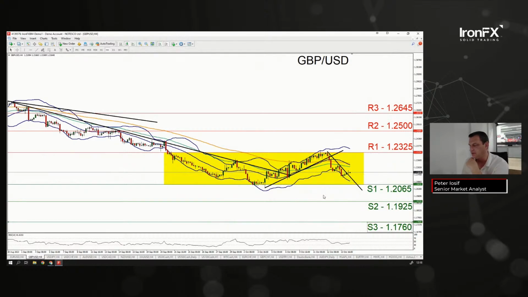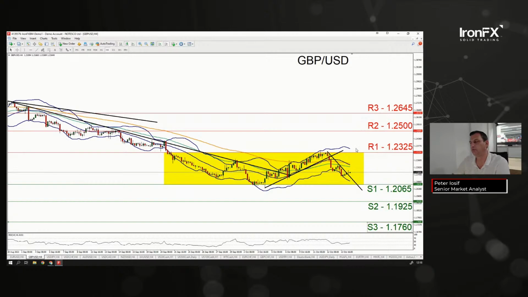And the second element is that I would require the pair to break the S1 1.2065 for any bearish outlook here. I would require a lower trough than this one. So for the time being, a bearish outlook is not in our plans. For a bullish outlook, I would require a higher peak than this one. So the price action has to break above the R1 1.2325.